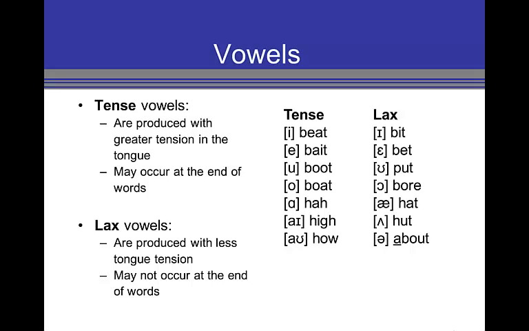Lax vowels include the vowels I, e, o, a, and schwa. They tend to be produced with a somewhat shorter duration and may not occur at the ends of words. Instead, they always occur with a consonant following them to end the word.